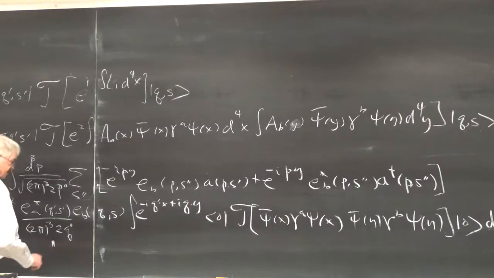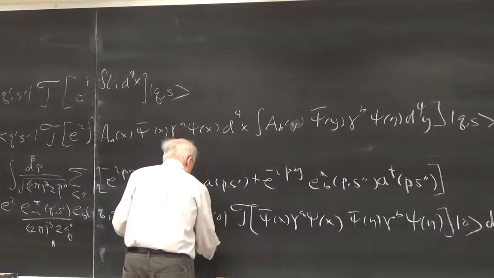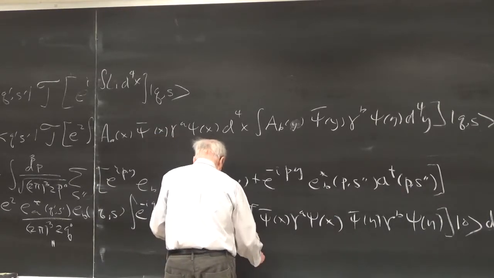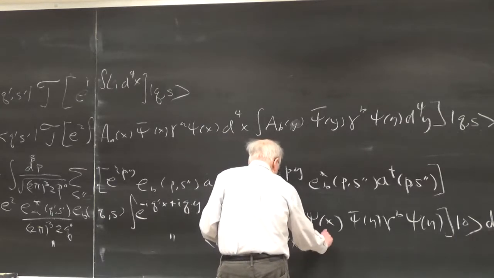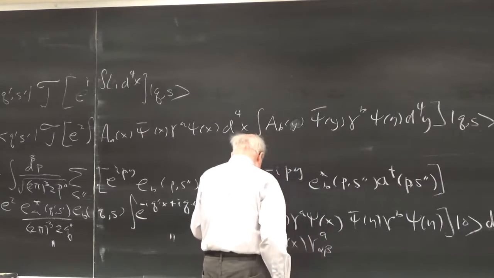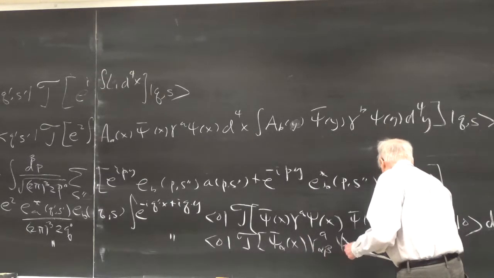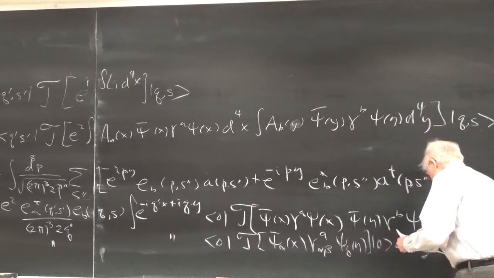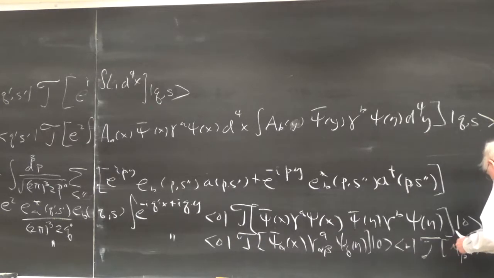So we can say this is also equal to ditto plus, and then here we have, well, ditto there, and the change here is 0 time-ordered product of psi bar alpha of x, gamma A alpha beta, psi delta of y, and then I put in vacuum states here, another time ordering, psi beta of x, psi bar gamma of y, and gamma beta sub gamma delta. And I'll just put a ditto there.